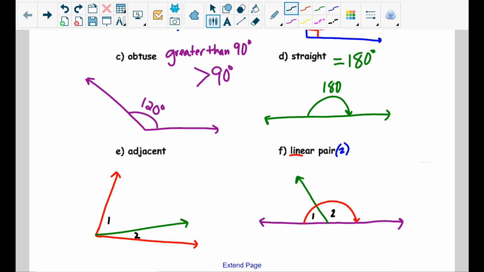But more importantly, if it makes a straight line, it's a straight angle, which means it's 180. So angle 1 plus angle 2 adds up to 180. That's what linear pair is going to tell us.